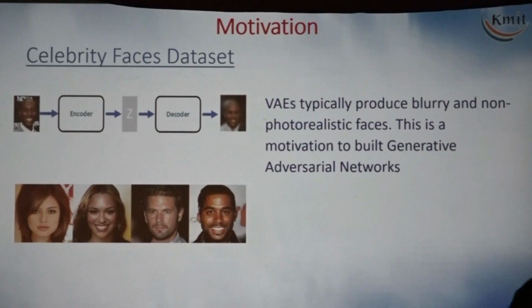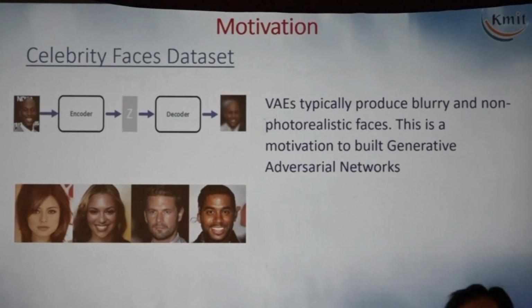If you combine these two, the generator can generate the new image, and the discriminator will tell, no, this is wrong, this is not what I am expecting. So you have to improve your model more. You have to train your model more.